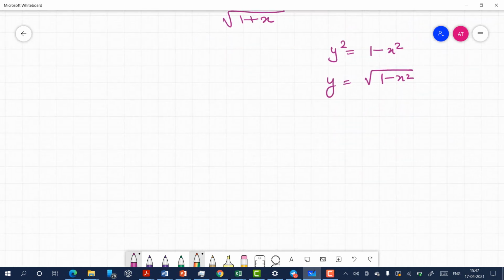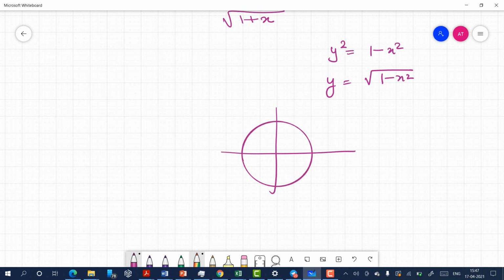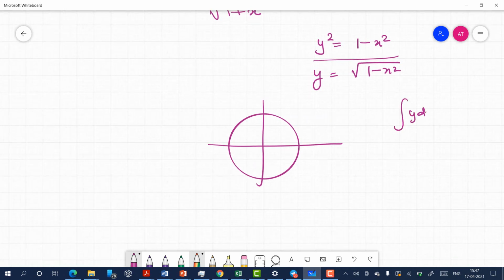This is the equation of a circle where the radius is equal to 1 and it starts from the origin. If I integrate y dx over 0 to 1, then I'm simply talking about this area, right? That I can write as the integral of root over 1 minus x squared dx.